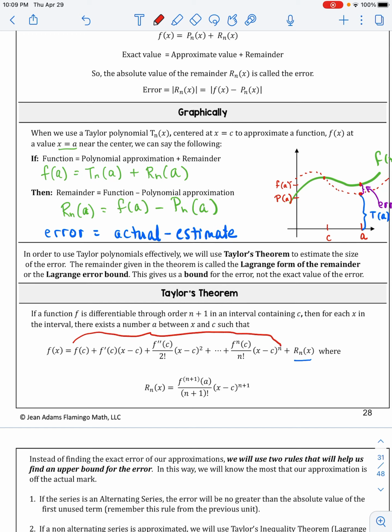So what we're going to do is call this from here all the way to here the approximation part.